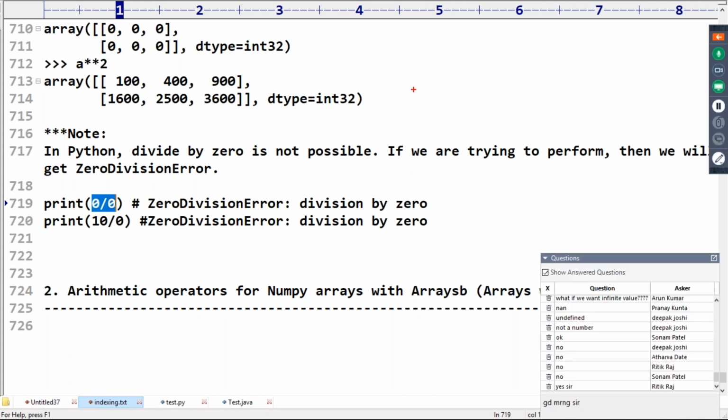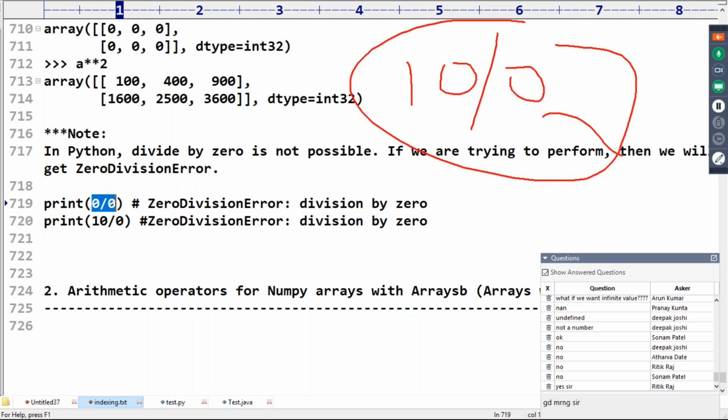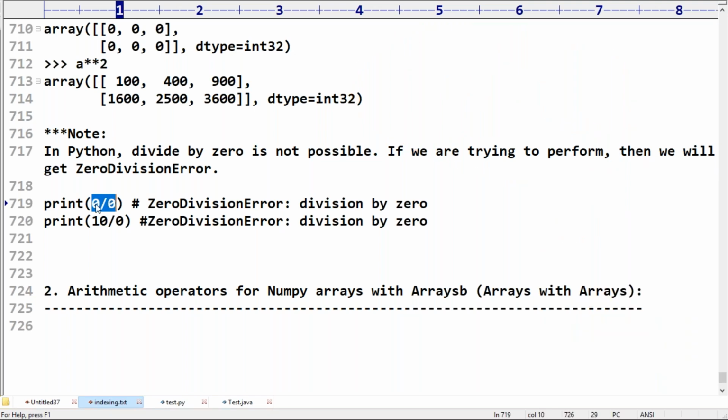Similarly, 10 by 0 in Python is always a ZeroDivisionError. In normal mathematics, anything by 0 is infinity. In NumPy also it does not raise a ZeroDivisionError; it is going to print INF, which is nothing but infinity.